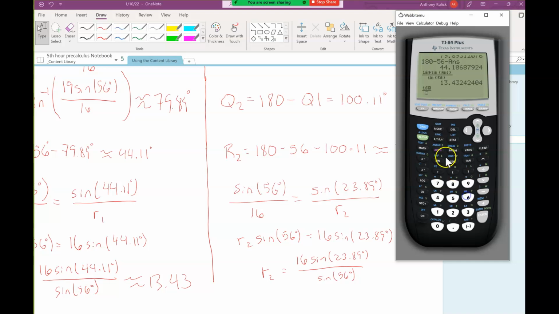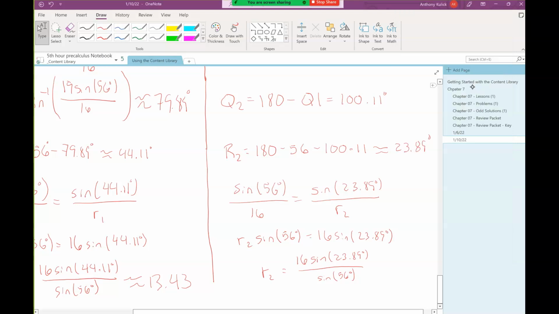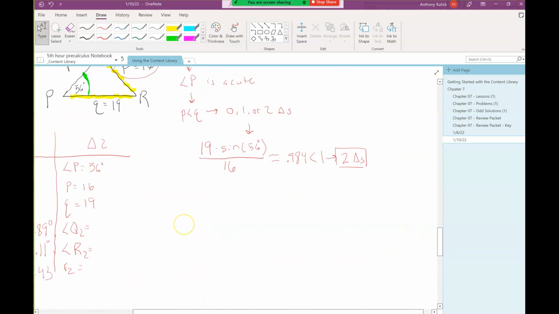And you'll notice that since I just used my rounded answers and did the arithmetic in my head, I don't have an answer to recall. So I just had to type it in this time. So I get 7.82. Okay, so let's go record all that back up here.